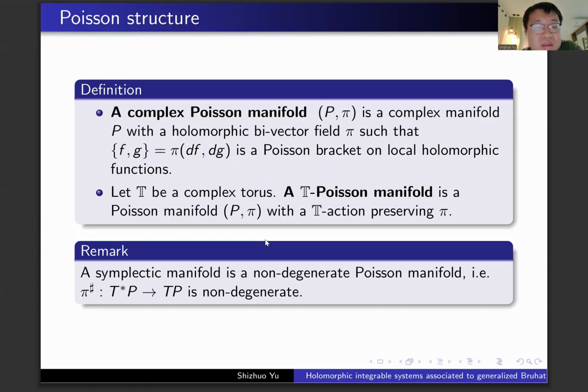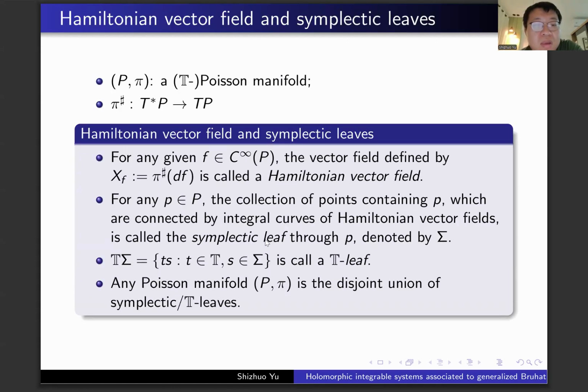It is a remark that a symplectic manifold is indeed a non-degenerate Poisson manifold. It means that pi sharp, the map from the cotangent bundle to the tangent bundle, is non-degenerate. And then I will introduce the concept of the symplectic leaves and the T-leaves.